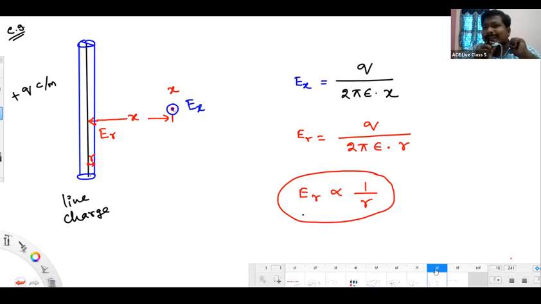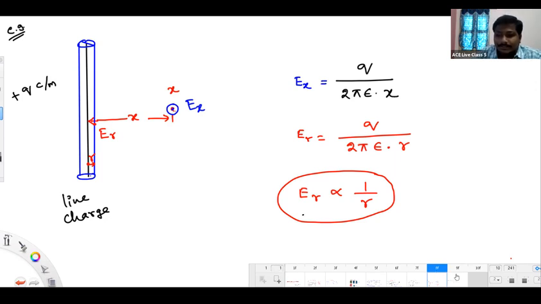That we are going to call corona many times. So if the field intensity is more on the conductor surface, the possibility of corona will be more for that particular conductor.